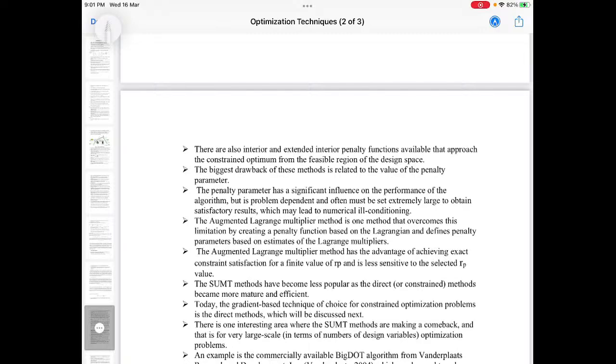As the value of the penalty parameter increases, there is numerical ill conditioning, which can be overcome by using the Lagrange multiplier.